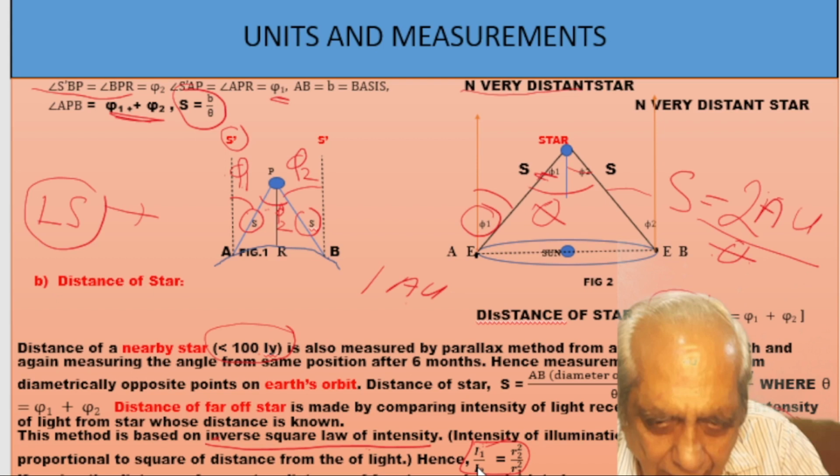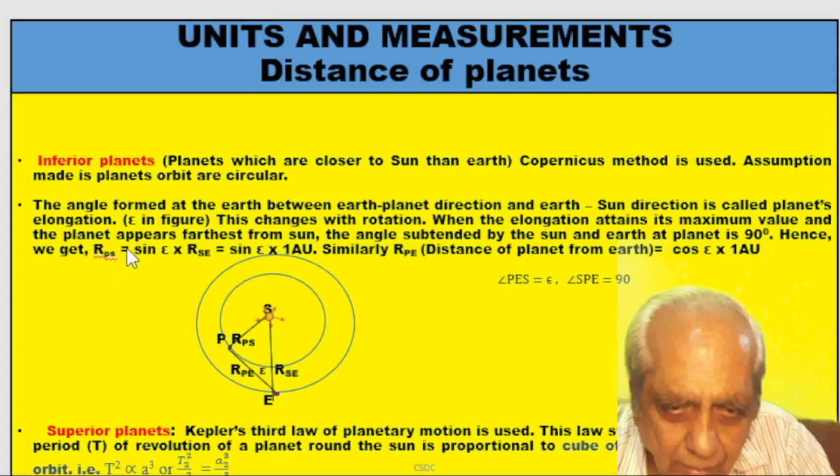Now we will do one other measurement: measuring the distance of planets from Earth. One method I had told you, now this is the second method. In this method there are two sub methods, one for inferior planets and one for superior planets. Inferior planets are planets which are closer to the Sun than Earth.